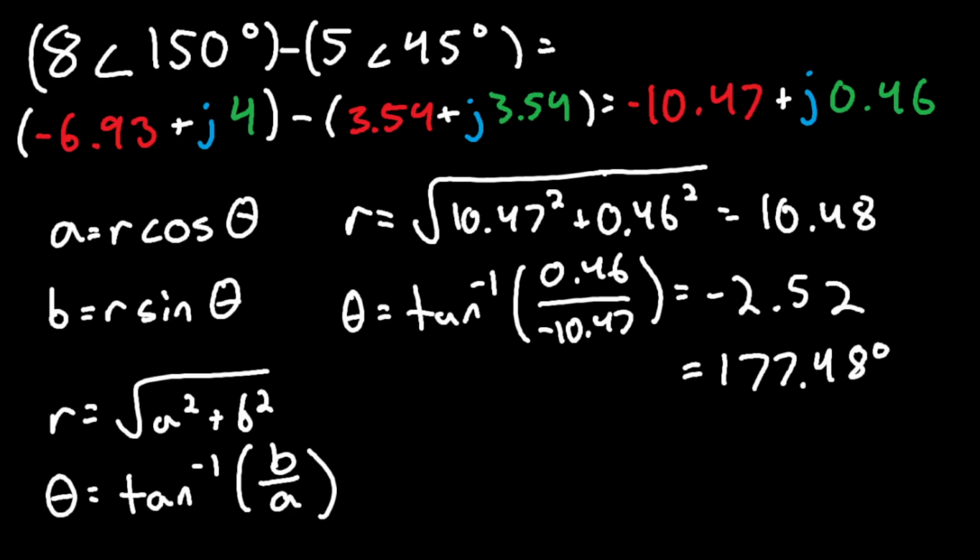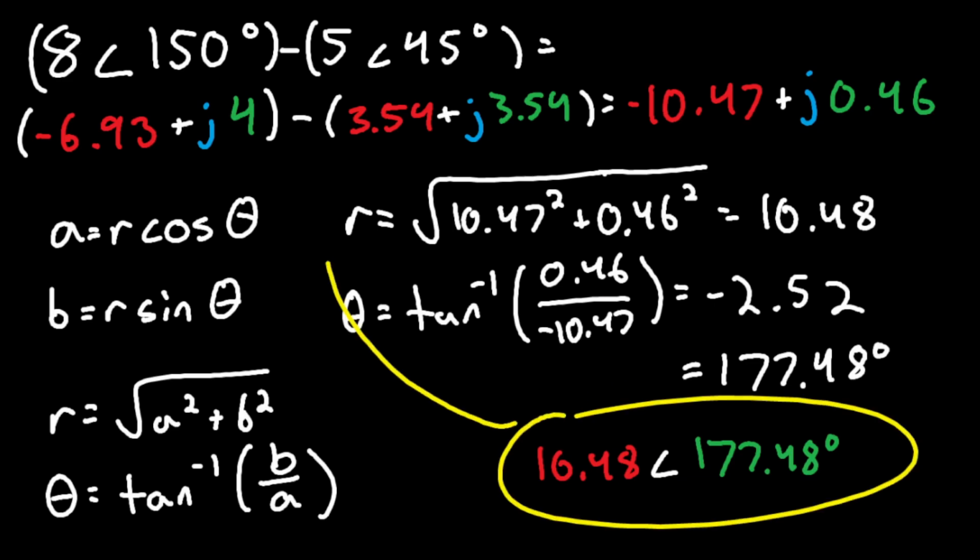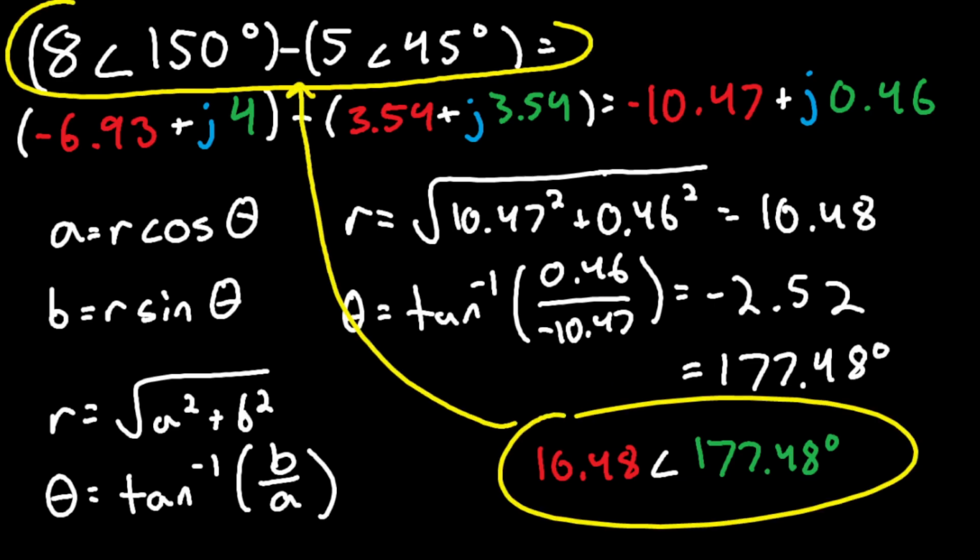So once you get this, your polar coordinate after adding the two polar coordinates together is the magnitude 10.48 and the angle that you got, 177.48 degrees. So this guy right here is the answer for this.